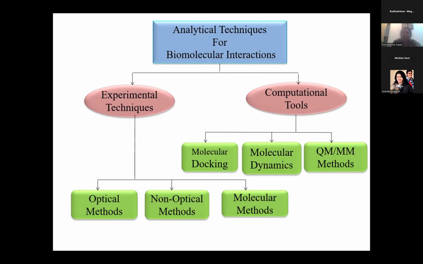Then there can be non-optical methods and then molecular methods. Similarly, the computational tools may again be divided into different categories. The first type, when we start doing these computational things for drug discovery, is molecular docking, followed by molecular dynamics, and then the latest QM/MM methods, which incorporate the quantum mechanics as well as molecular mechanics.